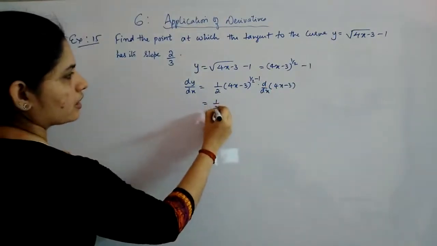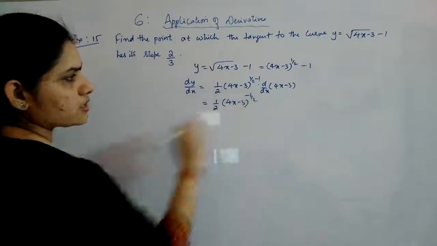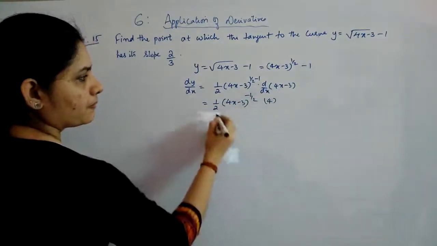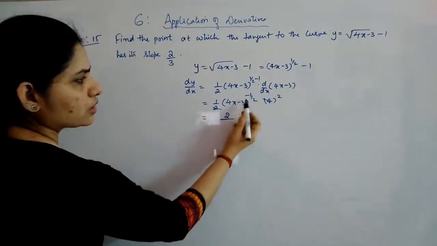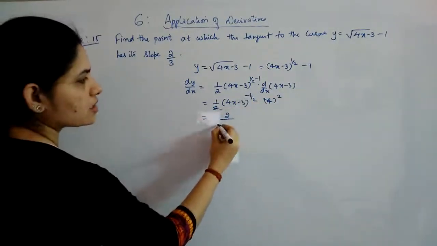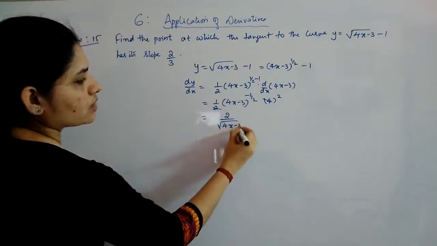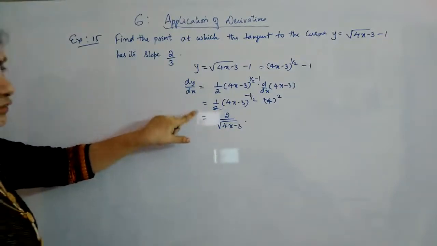So here you are getting 1 by 2 into 4x minus 3 the whole raised to minus 1 by 2 into the derivative of 4x minus 3, which is 4. So this will become 2, and this is negative, so in the denominator it is positive. So you can write it as 2 by root of 4x minus 3. This is the derivative, or you can say dy by dx, by differentiating.